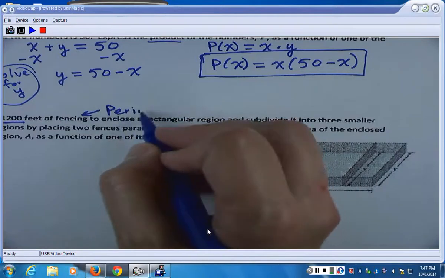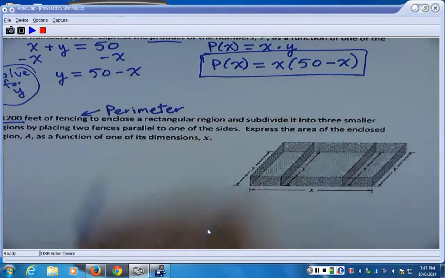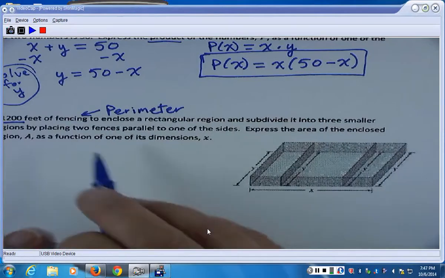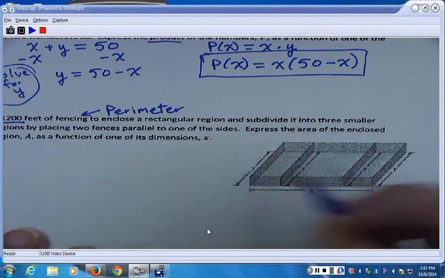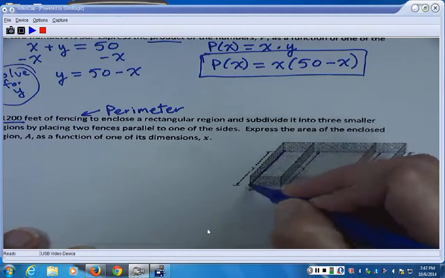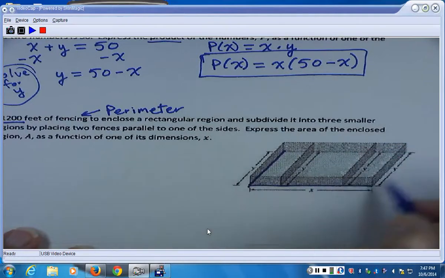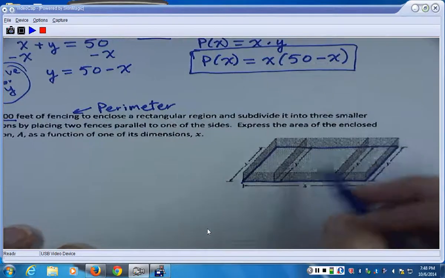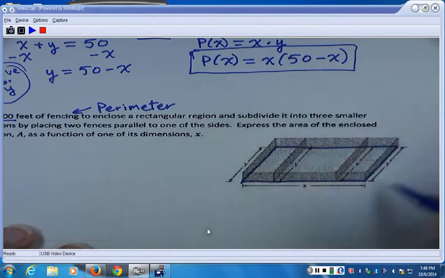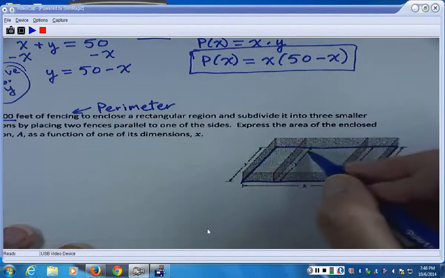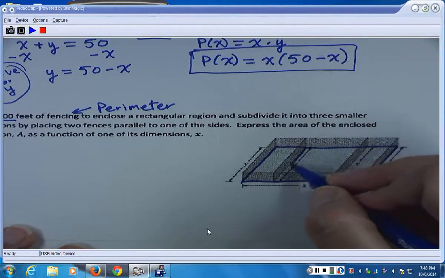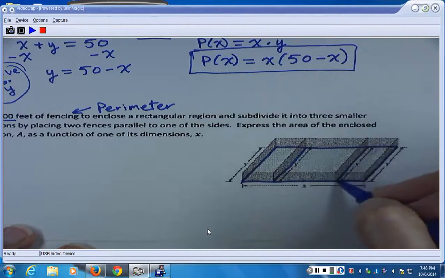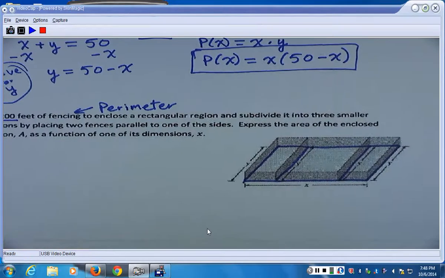So we have a rectangular plot, and they're putting fencing not just around the regular perimeter of the rectangle, but they're also putting fencing here and here to divide it into 3 areas. So this is not the regular perimeter equation.